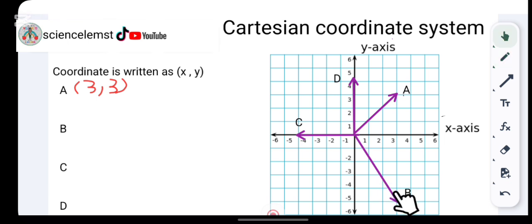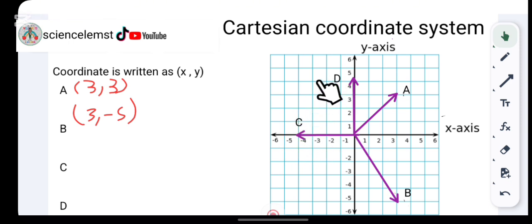Let's look at point B. I go horizontally, it's 3. Then I go vertically, I get -5. So for point B, I have 3 and -5. Let's look at C. C is lying exactly on the x-axis horizontally, so the value is -4.